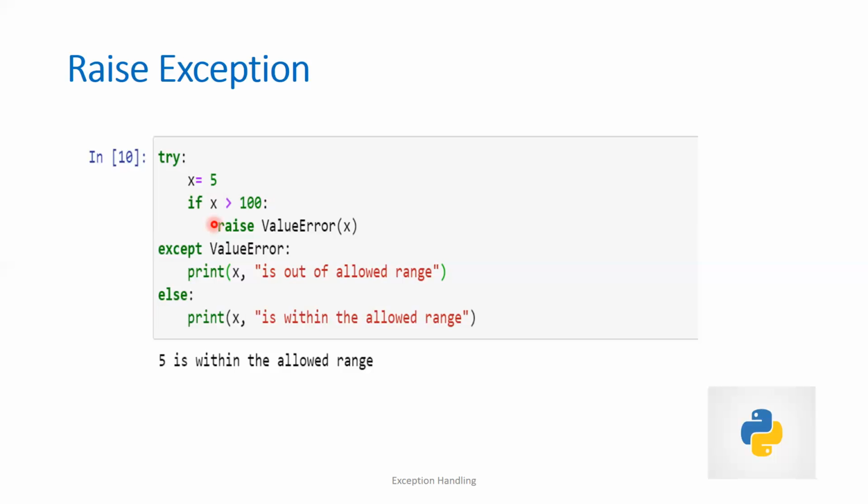So this else portion will execute, then x is within the allowed range will be printed. So I took 5 as input. 5 is less than 100. That means this logic is not executed, and I successfully move to the else block, and this line will be printed: 5 is within the allowed range.